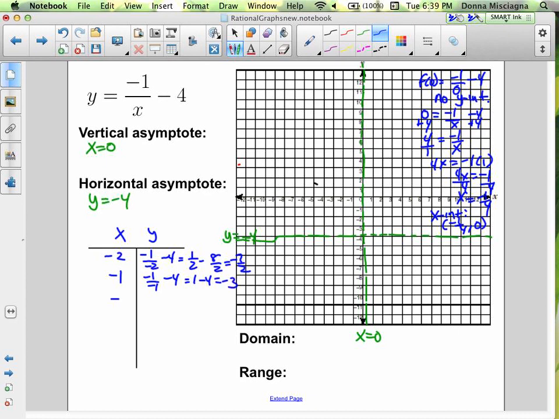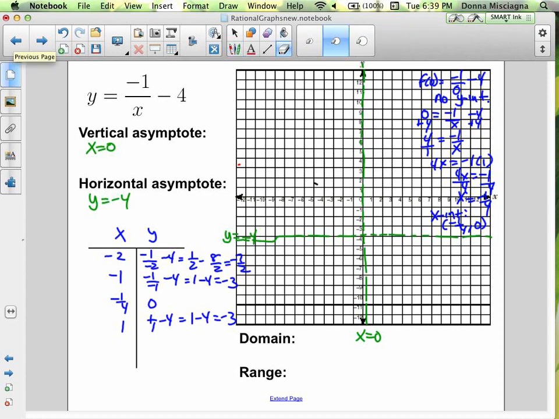We have the x-intercept, -1/4, 0. And then we'll just plug in 1, which would be -1 divided by 1 minus 4.